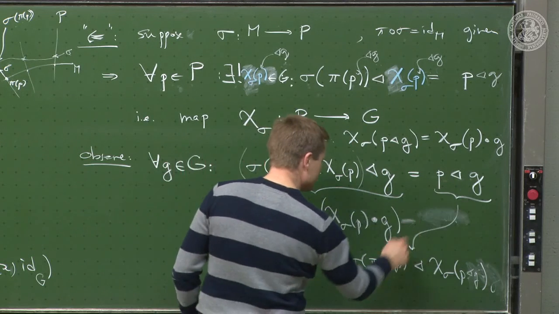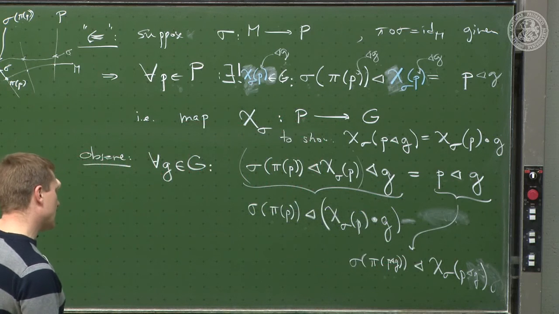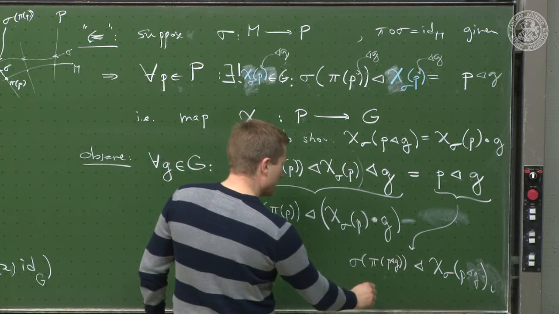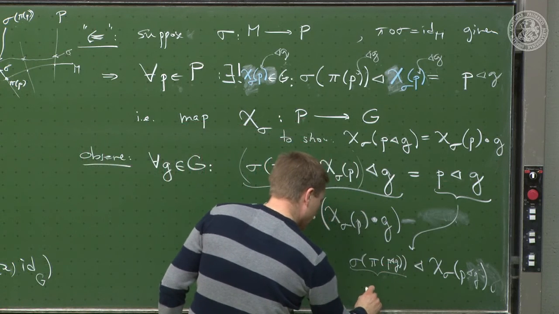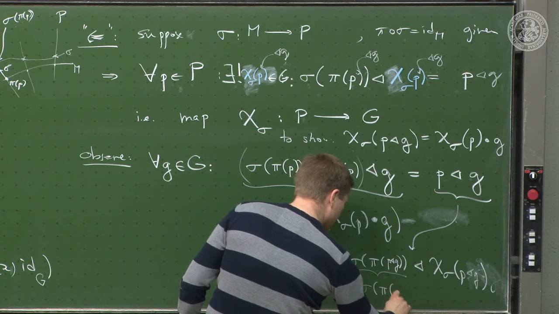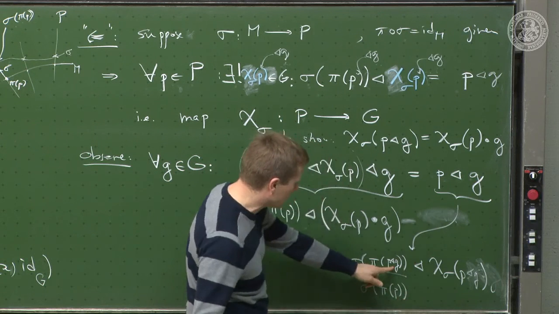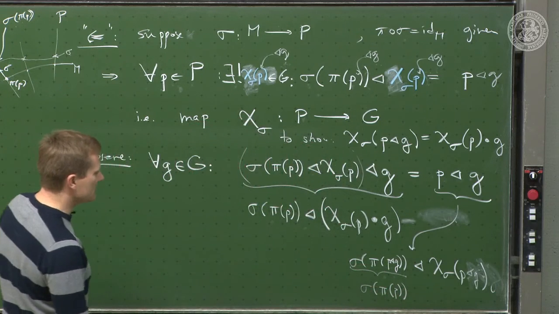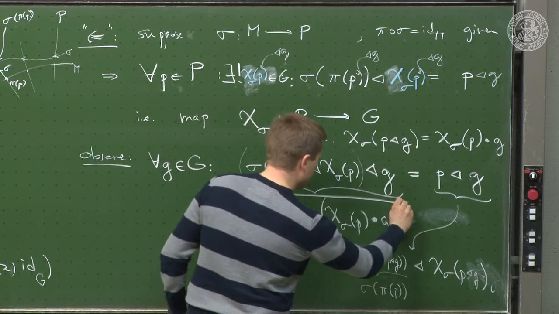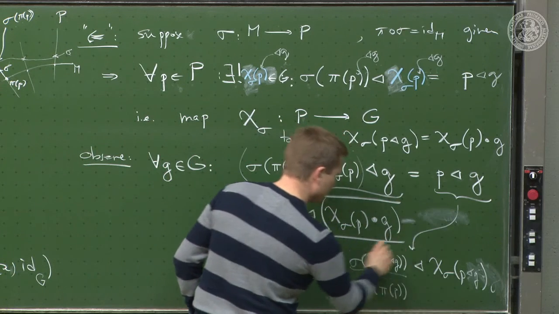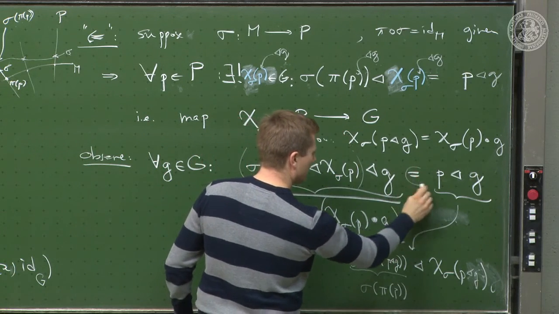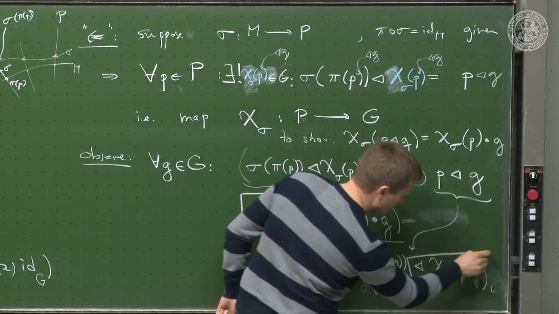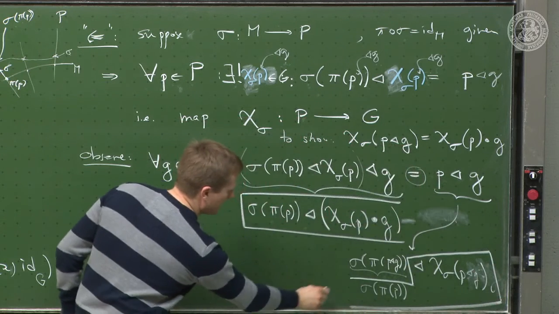Right, so we use this, we use that. But now we have this, but this guy here can be, again, sigma of pi of P, because we remain in the same fiber, so we stay at the same base point. So that means in total, we know that this guy here equals this guy here.